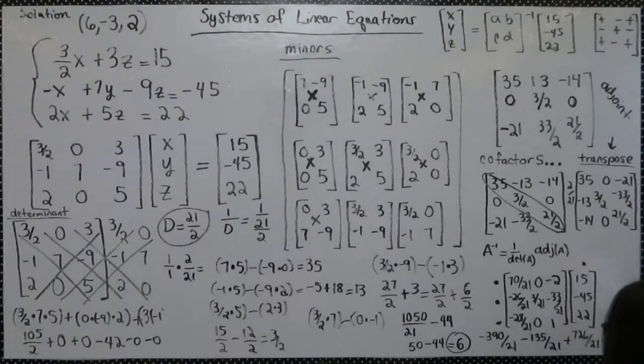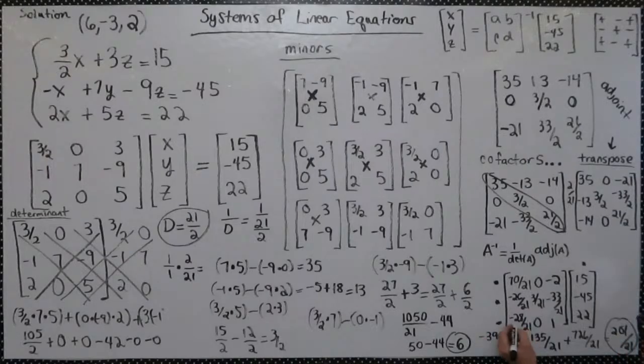Yeah, this is not right. That equals 201 divided by 21. So I must have gotten in a hurry and made a mistake somewhere, because I can tell that's not the correct answer.